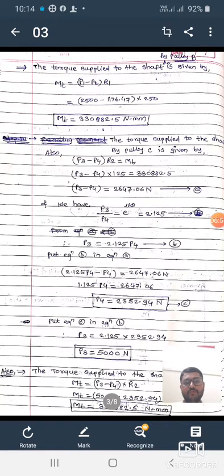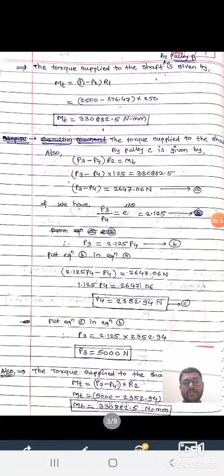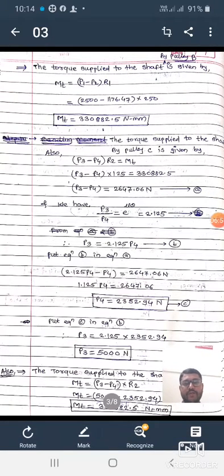By putting the value P3 equal to 2.125 P4 into equation A, we get the answer of P4 as equal to 2352.94 Newton.